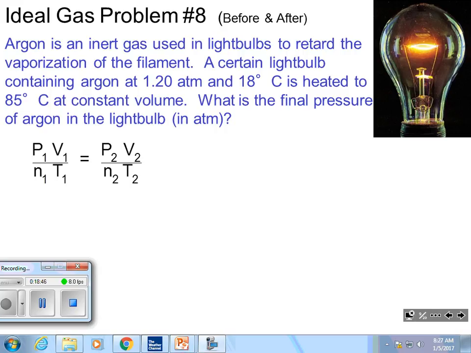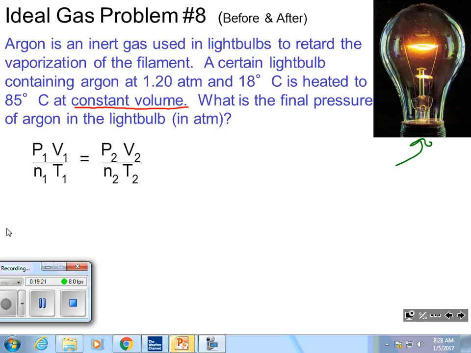So when I read that question, it says that it is at a constant volume. So does my volume change from before to after? No. Do the amount of moles in this light bulb change from before to after?